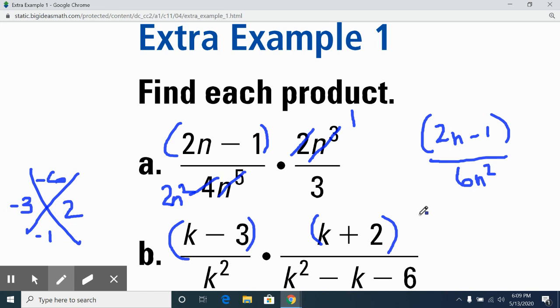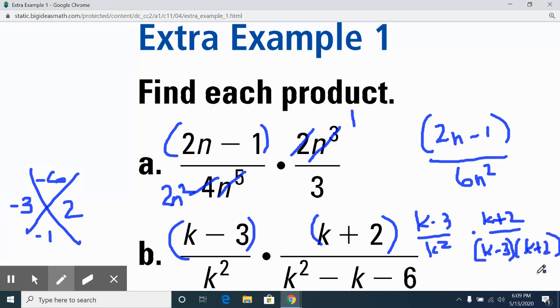So I would have k minus 3 on the top, k squared on the bottom, times k plus 2 over, now again I'm changing my trinomial to k minus 3 times k plus 2. At this point, again, these are in parentheses.